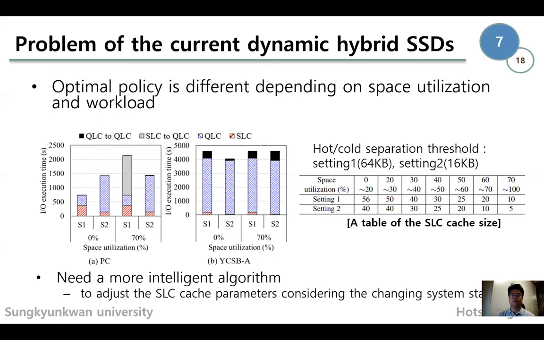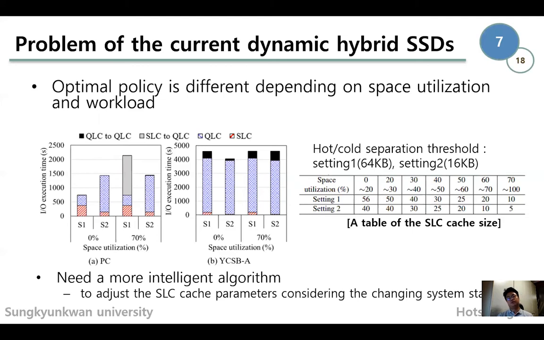From the result, we can note that the better policy between setting 1 and setting 2 differs depending on the workloads and storage utilization. For example, in the PC workload, when the initial storage is empty, setting 1 shows a better result than setting 2, since many write requests are serviced at the SLC region without significant SLC to cache migration overhead.